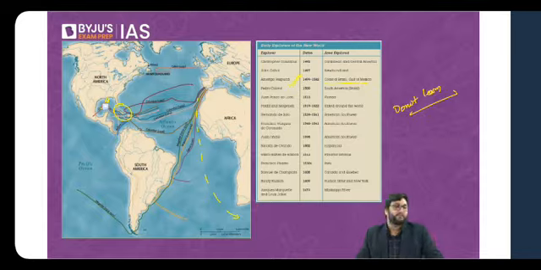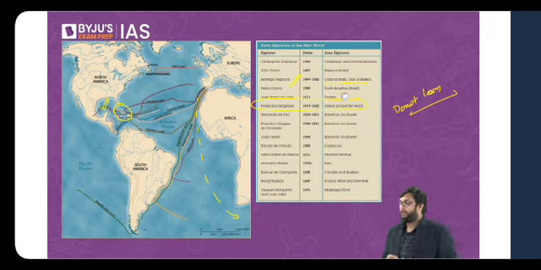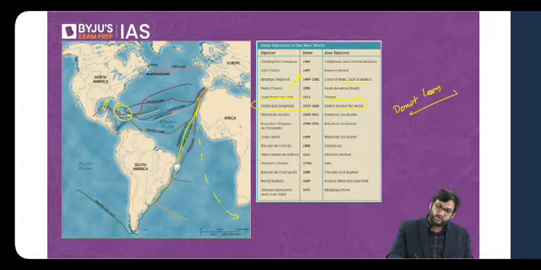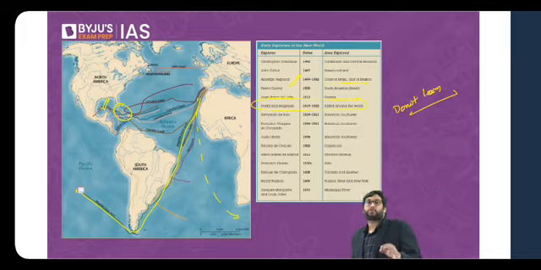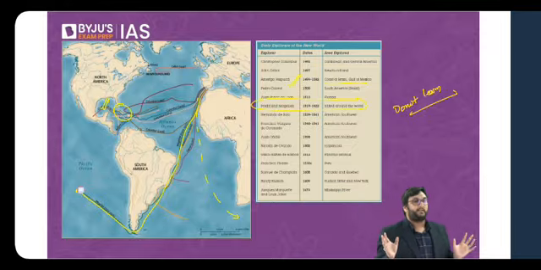He was the one who actually reached North America. And the one person who changed modern sciences and navigation for everyone was Ferdinand Magellan. Magellan was the one who had the courage to go and circumvent the earth. He started in Portugal and reached back in Portugal and proved to everyone that the earth was round.